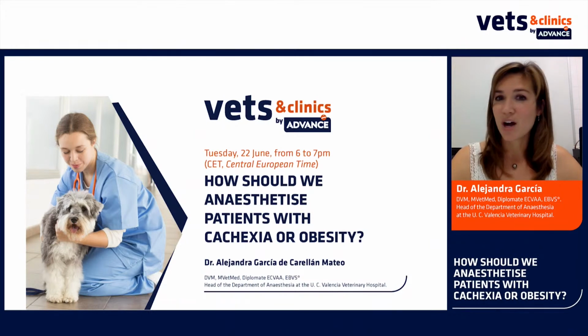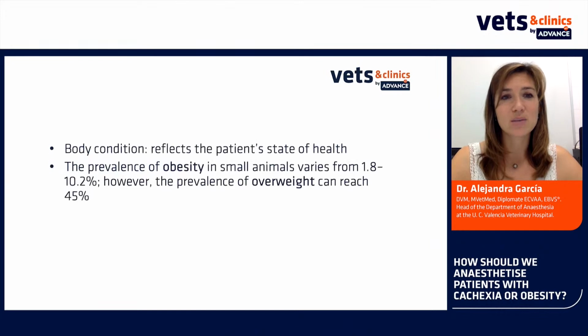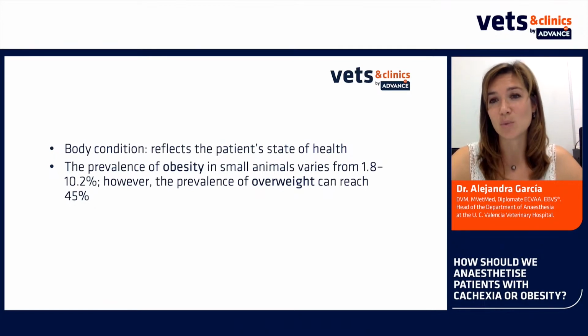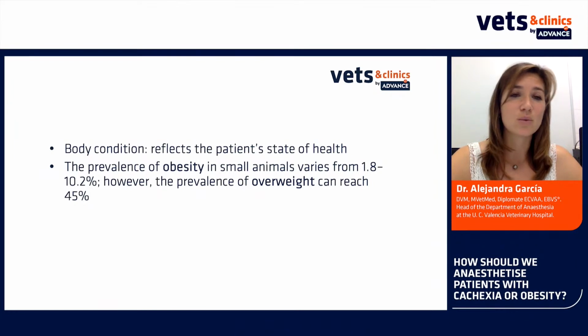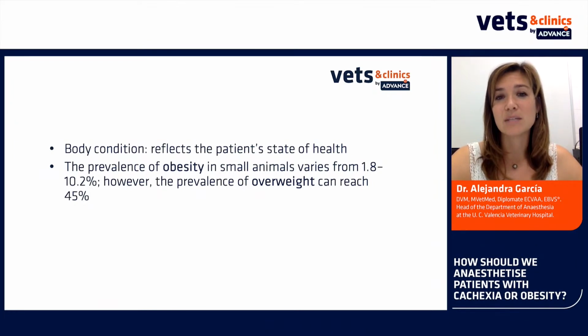So how should we anesthetize patients with cachexia or obesity? The first thing we need to see is that body condition reflects the patient's state of health. Obesity in small animals, meaning obesity as a clinical condition, meaning patients with diseases, can vary from 1.8 to 10% of patients.